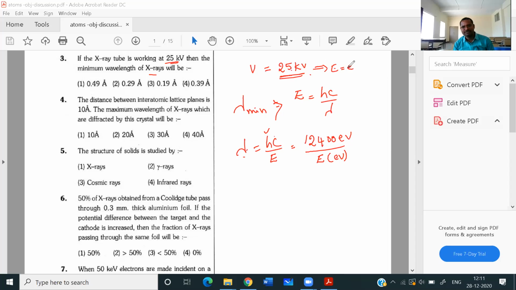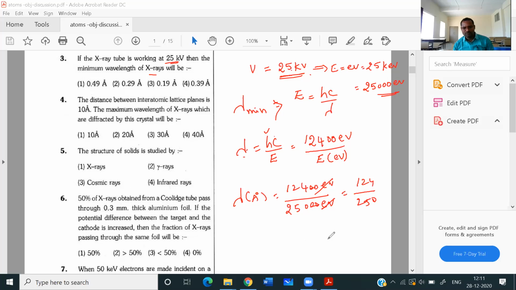Energy is equal to eV, meaning 25 kilo electron volt, so 25,000 electron volt. Substitute here. You will get the lambda value in angstrom equal to 12,400 electron volt upon 25,000 electron volt. Electron volt cancels, two zeros cancel, 124 upon 250.